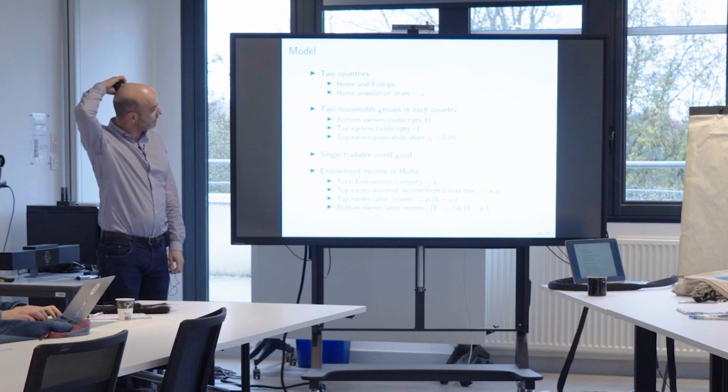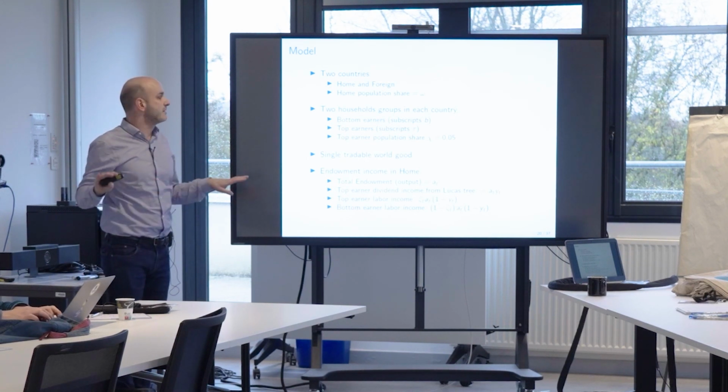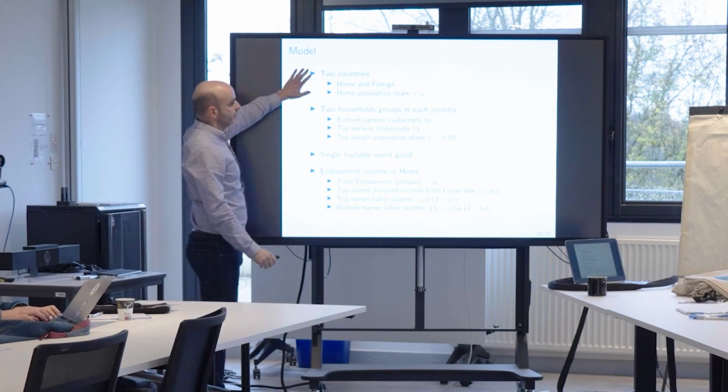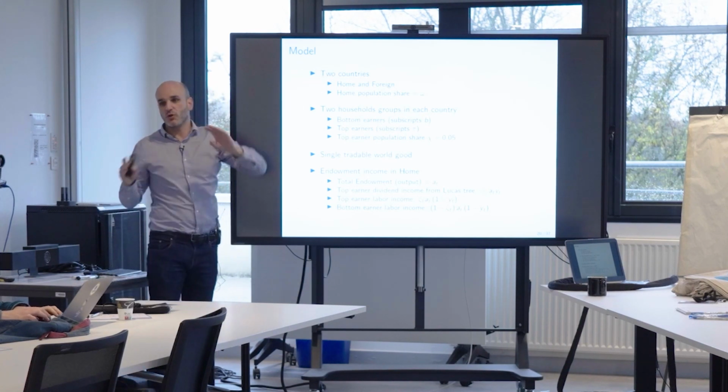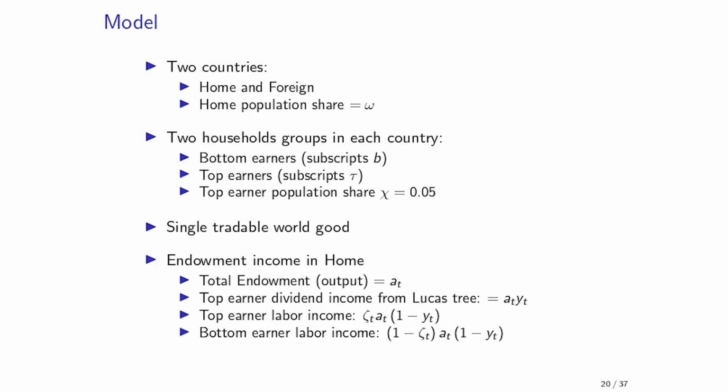Now we have two countries. The fact that we have two countries is not very important here. All the intuitions would be exactly the same if you had one small open economy, taking the world interest rate as given. The advantage of formulating the model with two countries is that you can look at the effect on the world interest rate, but that's pretty much it.